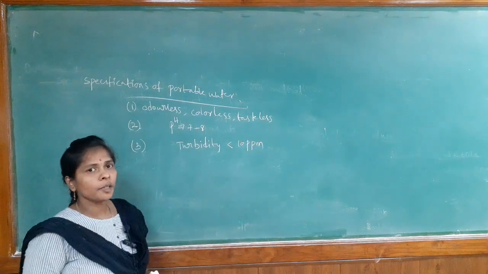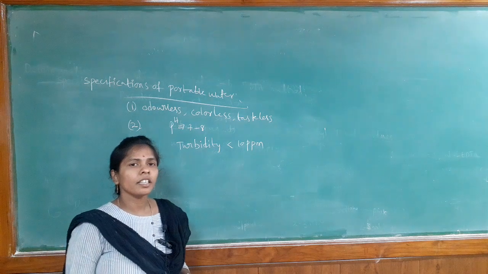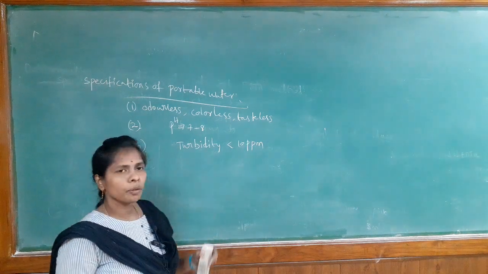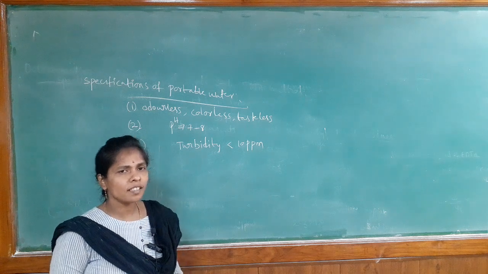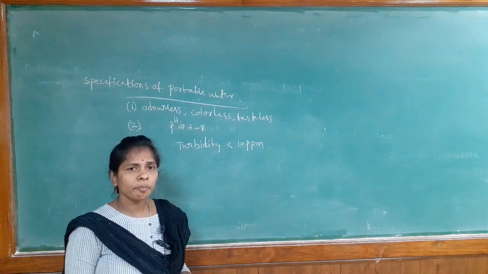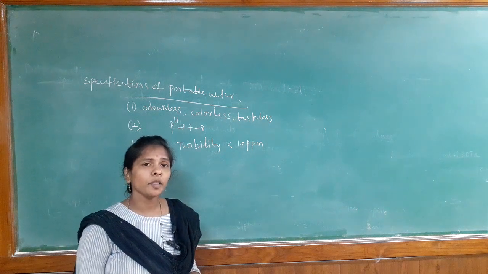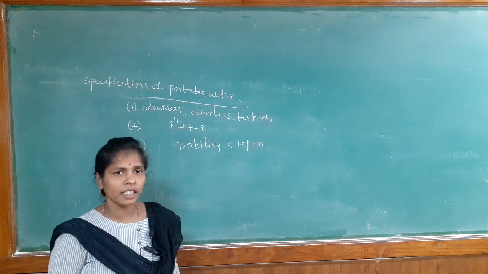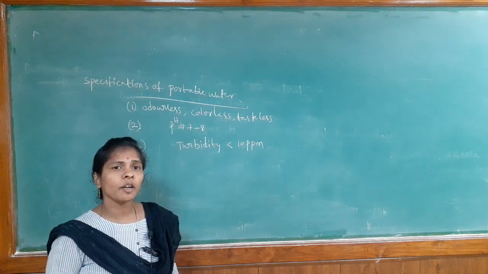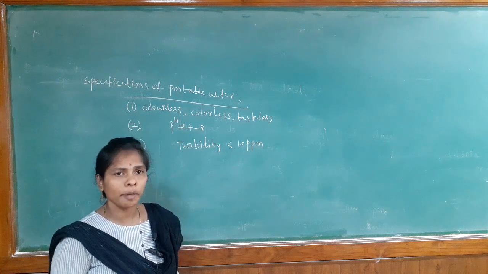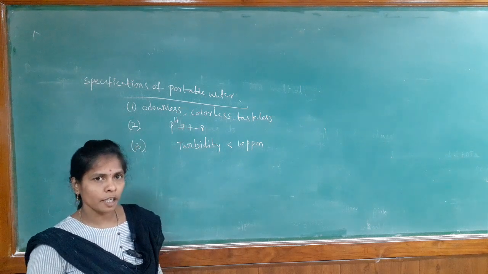And the water may have some suspended impurities. Suspended impurities and turbidity both are similar here, but turbidity is nothing but the fine mud particles. Suspended impurities are nothing but the impurities which are not in dissolved state. Those impurities may be sand particles or soil particles or mud particles. That is the suspended impurities.